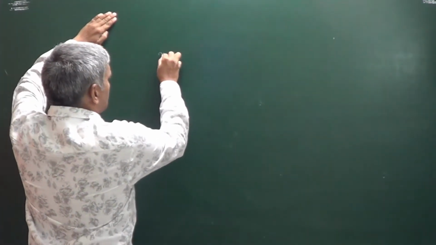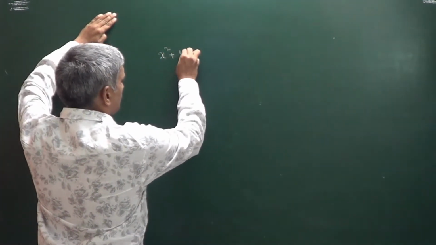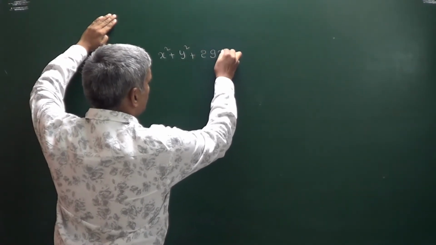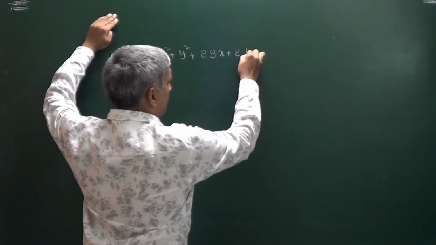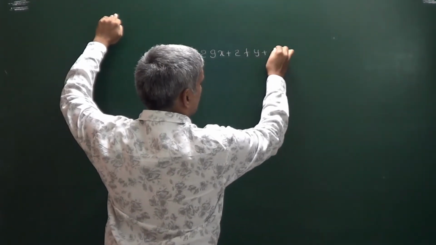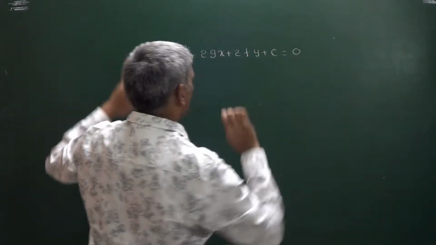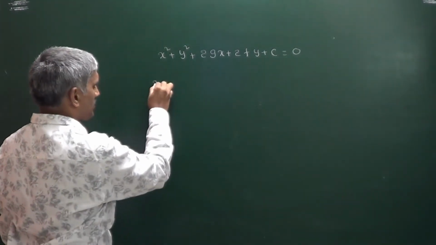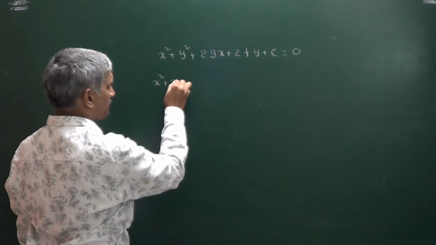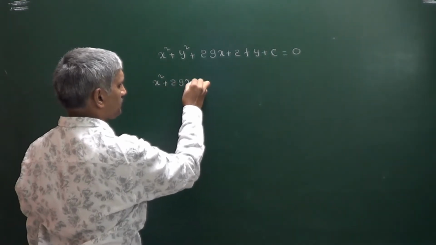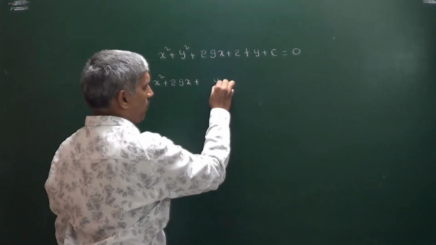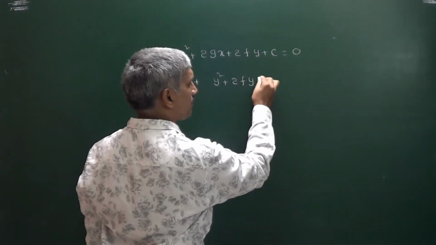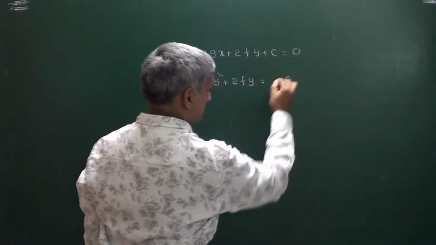What does x square plus y square plus 2gx plus 2fy plus c equals 0 represent? Let's see. We can write this as x square plus 2gx plus y square plus 2fy equals minus c.